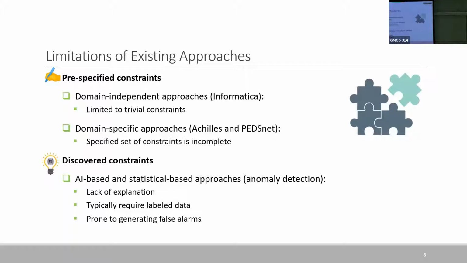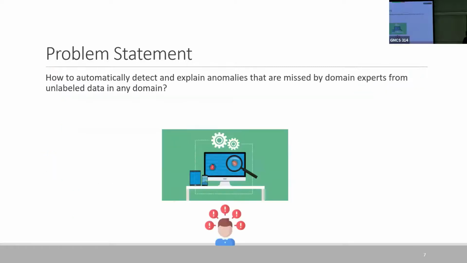Most of the time, these approaches are supervised, which require labeled data, and in big data sets, accessing and providing labeled data is almost impossible. And they are also prone to generate false alarms. For example, there are some unsupervised approaches. They don't know about the validity of data in advance, but they are prone to learn the incorrect constraints from the unlabeled data and generate false alarms.